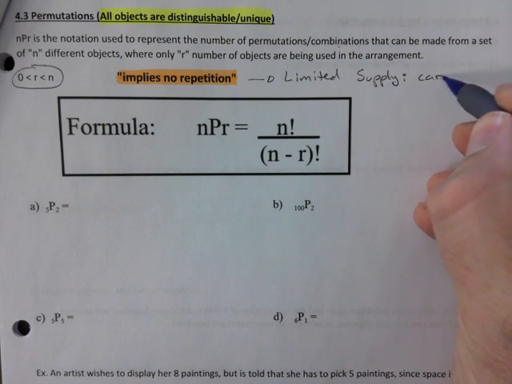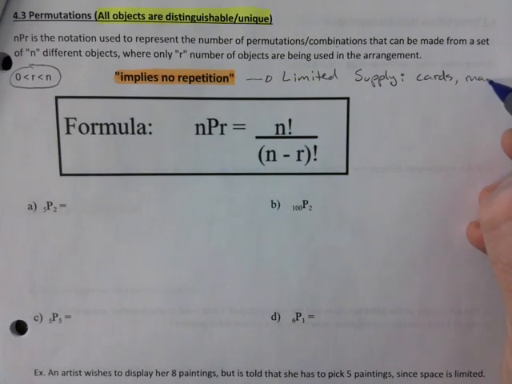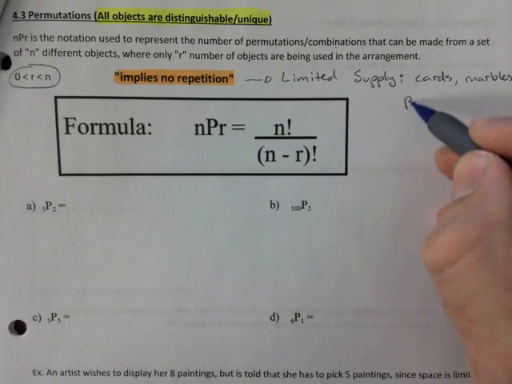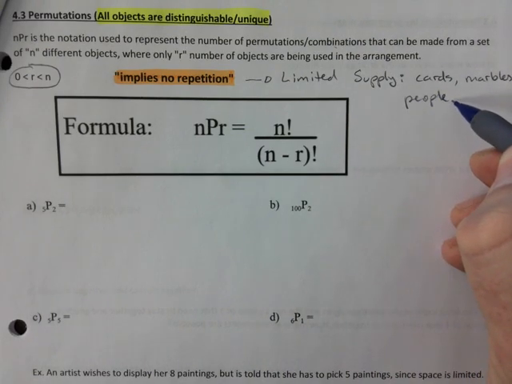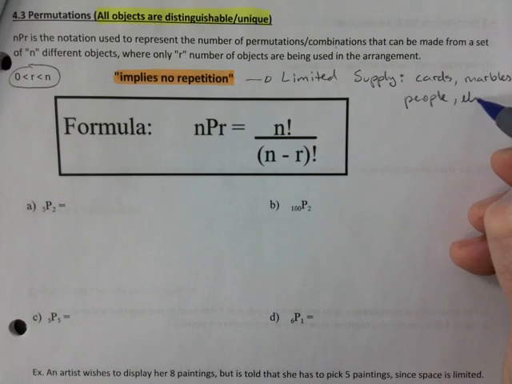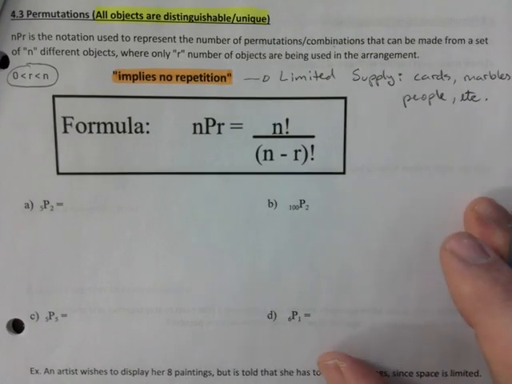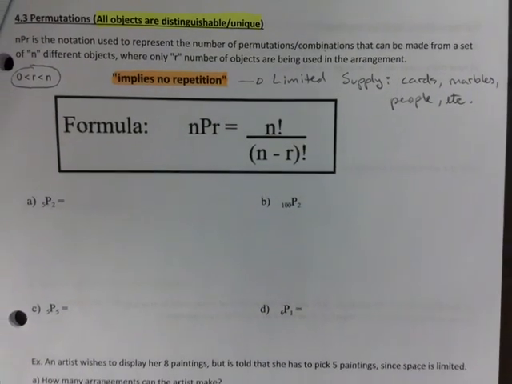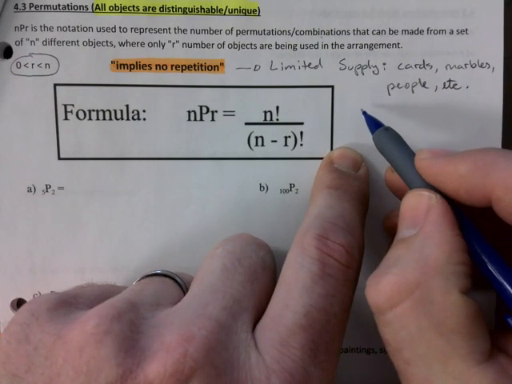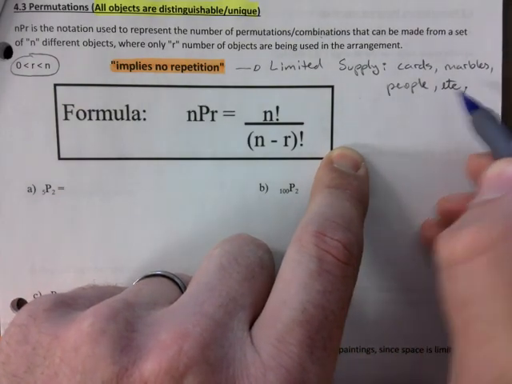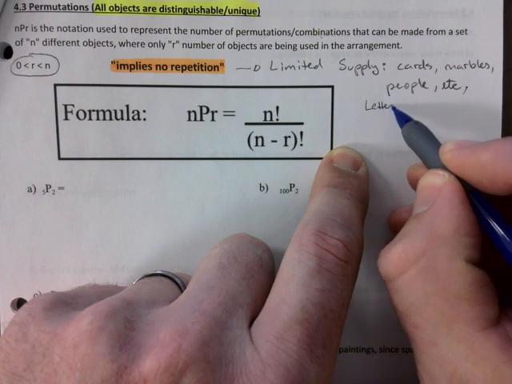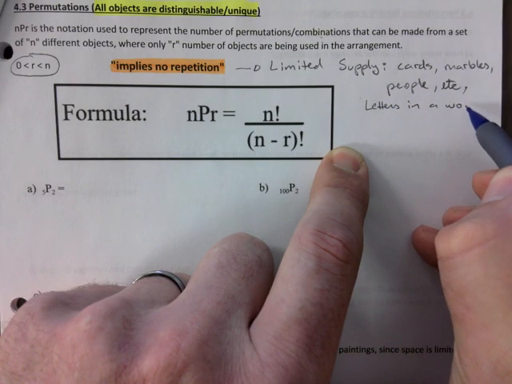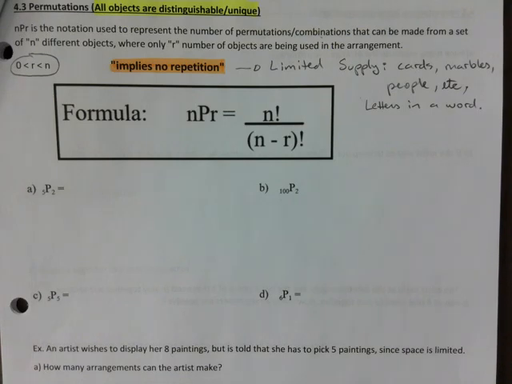So you're thinking cards, marbles, people, etc. Oh, letters in a word, comma, letters in a word, that's definitely permutations because you only have the letters that are in that word. That's all you have to pick from. Okay. So I'll give you some examples there.